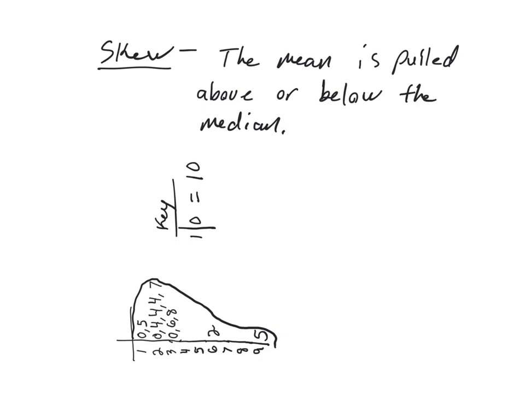Now, one of the ways as math teachers that we try to help people remember skews is we get a little bit of art going on here, and we turn this weird little lumpy picture into a whale. Let's try that again.